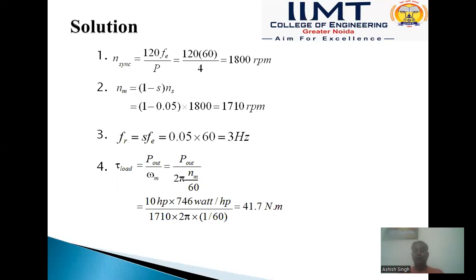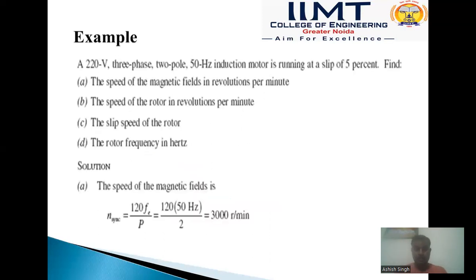41.7 Newton meter. Now the second question: a 220 volt three-phase 2-pole 50 hertz induction motor is running at slip 5%. Find the speed of the magnetic field in revolution per minute.